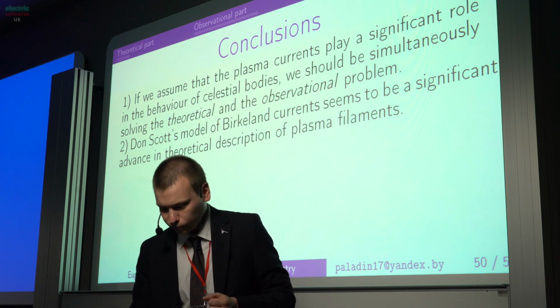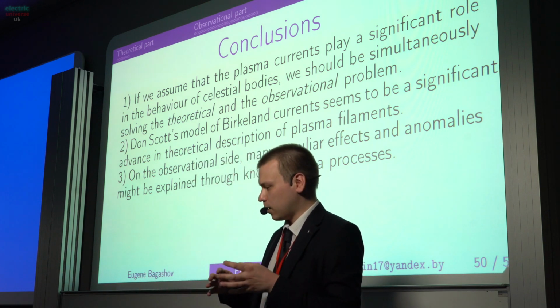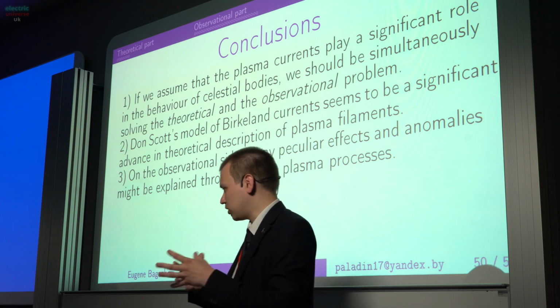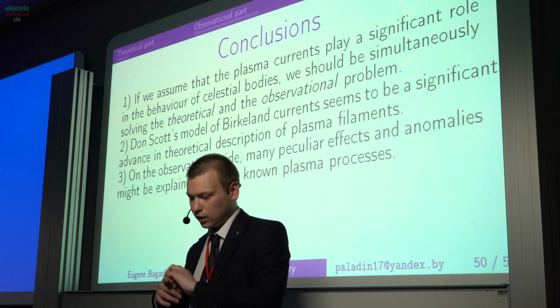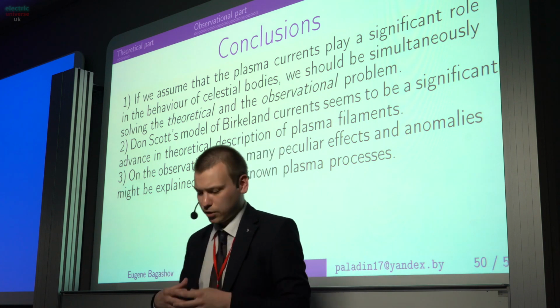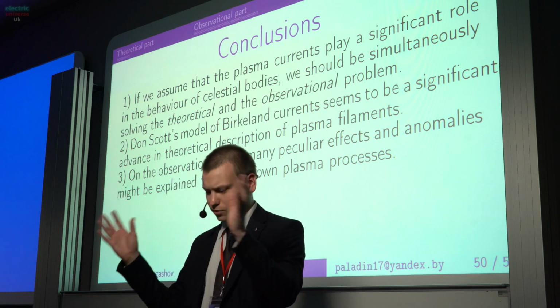So, yeah. And on the observational side, as I hope I've been able to show you, there are many peculiar effects and strange anomalies, strange correlations in alignments that might be explained theoretically through the plasma processes that I've mentioned, like redshift, blueshift, refraction, and things like that.